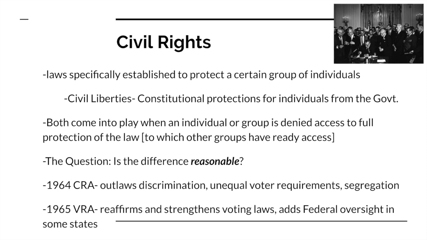The 1964 Civil Rights Act, which is, as I said, our picture above, is going to outlaw discrimination. Initially, it starts out with just outlawing racial discrimination. It's going to add women in as well. So women and racial groups are the protected classes there.